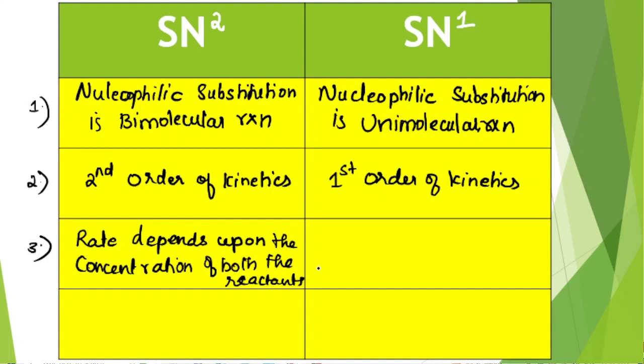So reactants, in the sense you have on the opposite side, you will surely have two reactants, then only the reaction can take place, or else you should have a catalyst. So the rate of reaction here depends upon both the reactants that you have.